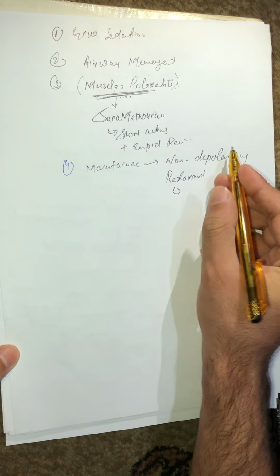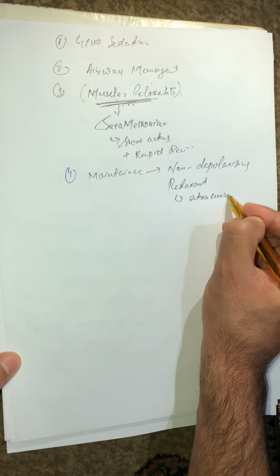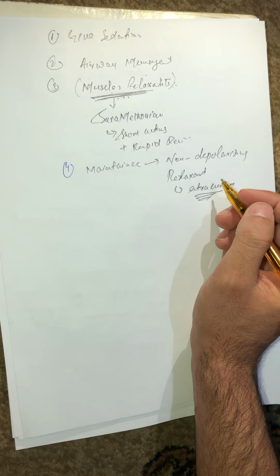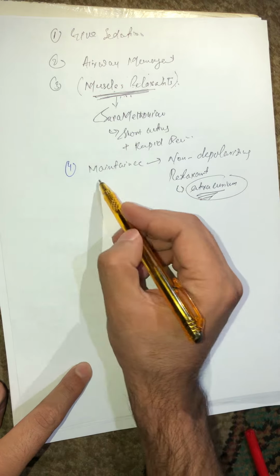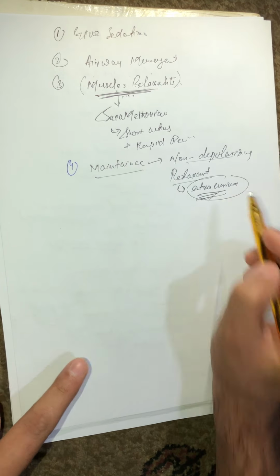For example, atracurium. We have studied atracurium in our previous video on the drugs used in general anesthesia. The most commonly used maintenance agent is a non-depolarizing relaxant, which is atracurium.